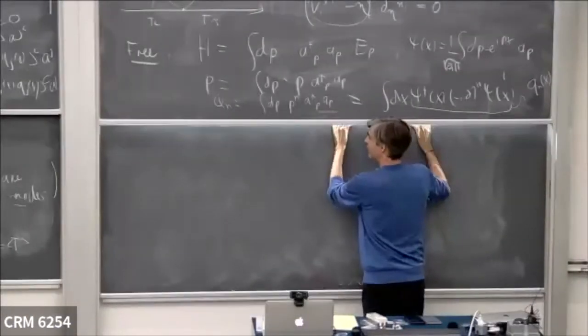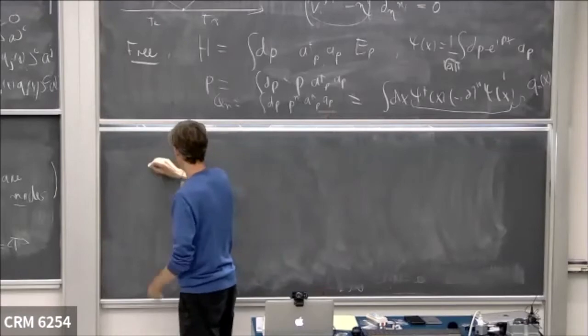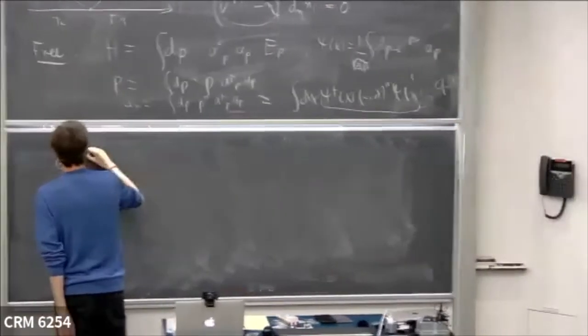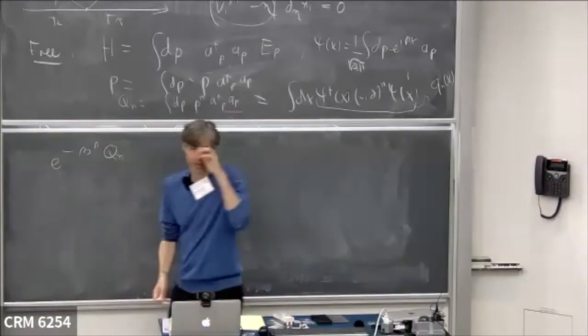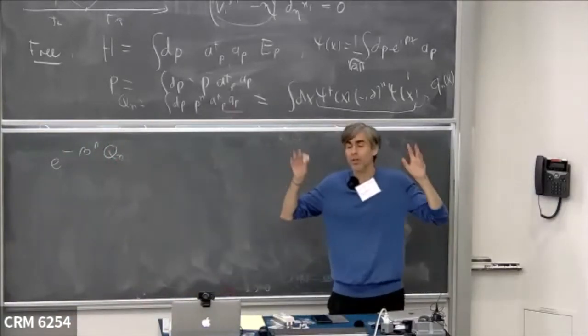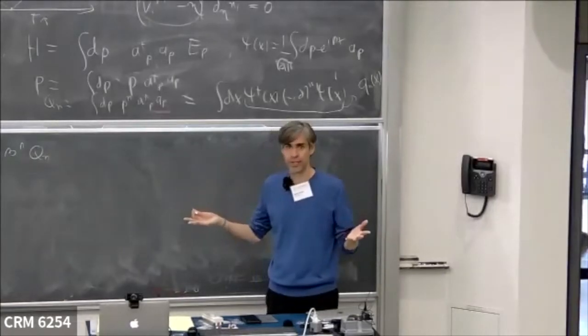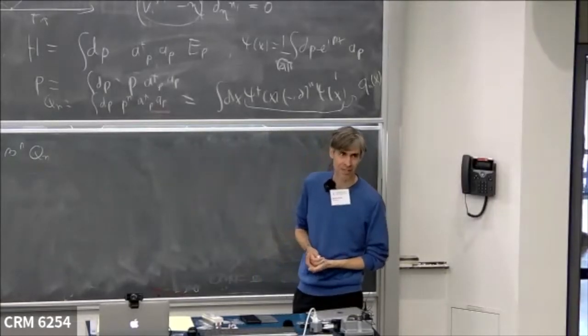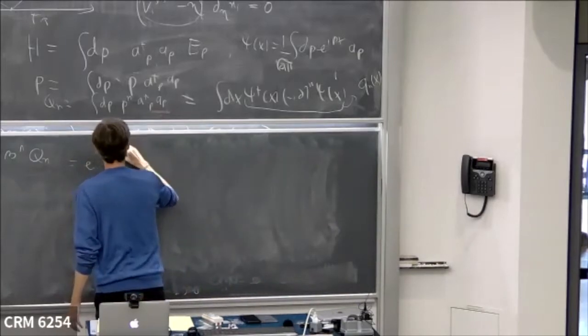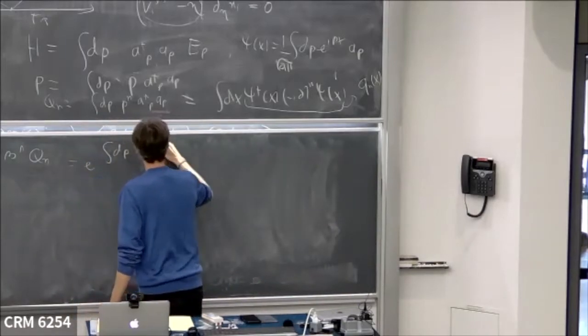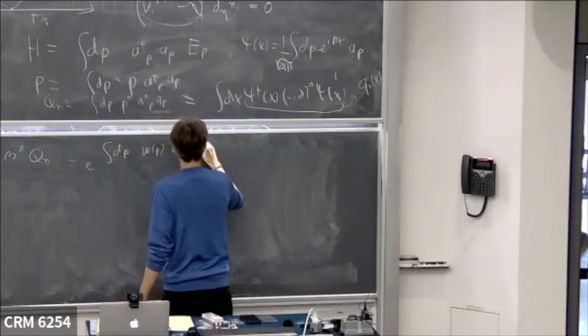Well, I have infinitely many betas. So I have exponential of minus beta_n Q_n, that's my maximal entropy state. It's a GGE, a generalized Gibbs ensemble. I can write it explicitly as the exponential of the integral dp of some function w of p, a dagger p, a p.